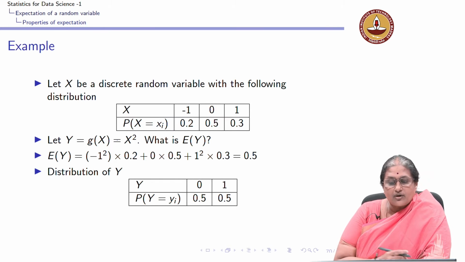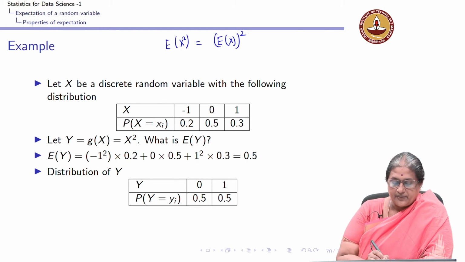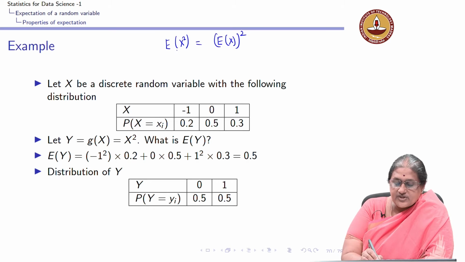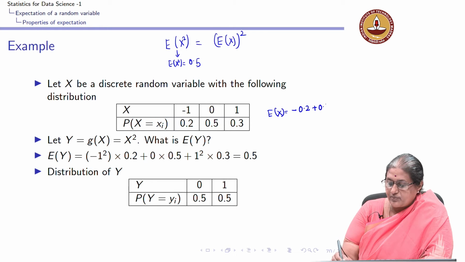A very common mistake people make is to think expectation of x square is the same as expectation of x whole square. What we have seen just now is expectation of x square was 0.5. What is expectation of x? Expectation of x is minus 0.2 plus 0.3, which is 0.1.